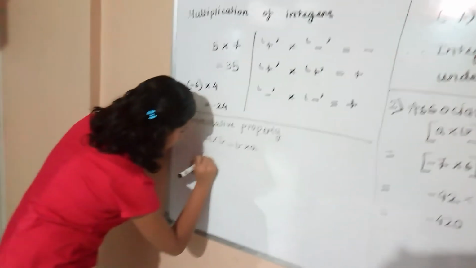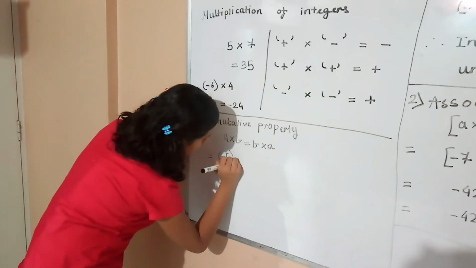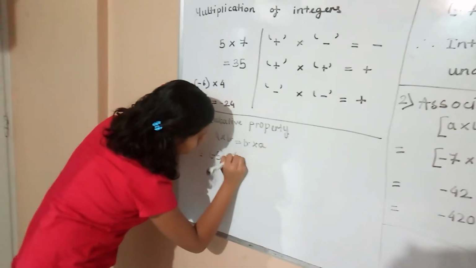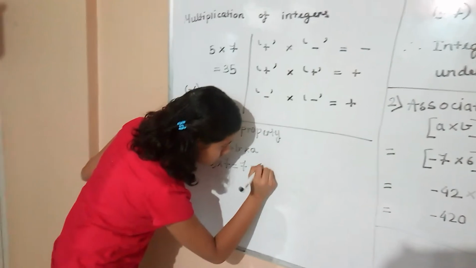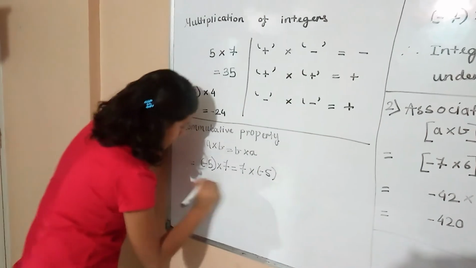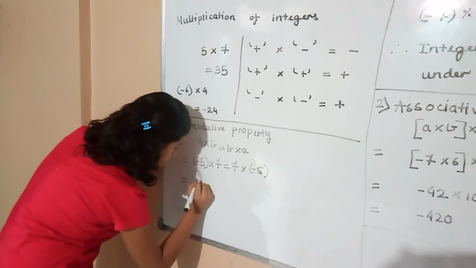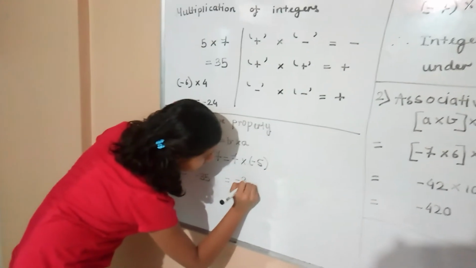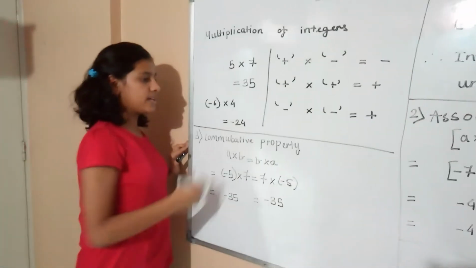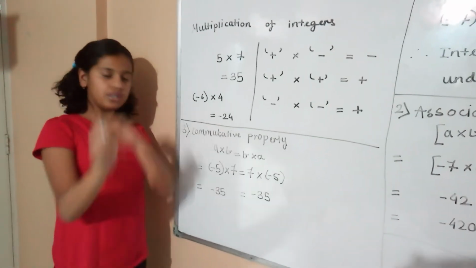Now let us take -5 into 7 is equal to 7 into -5. So over here I've got -35, which is also equal to -35, and therefore multiplication is also applicable for commutative property.